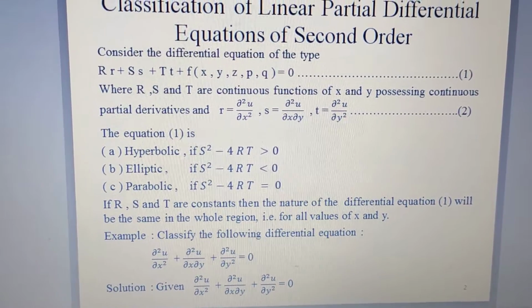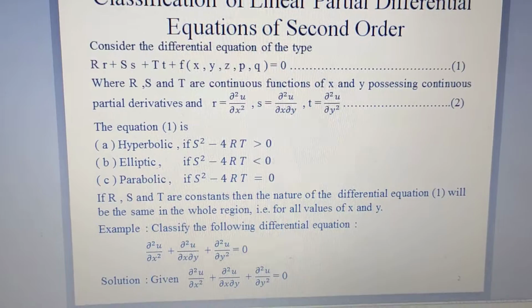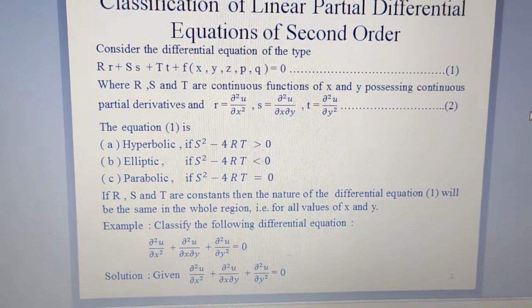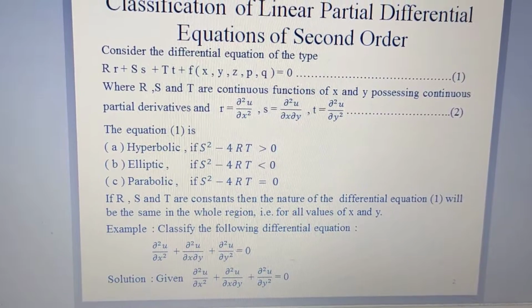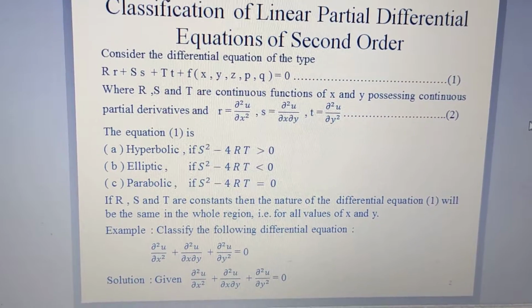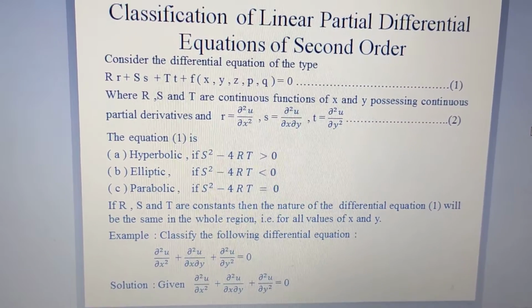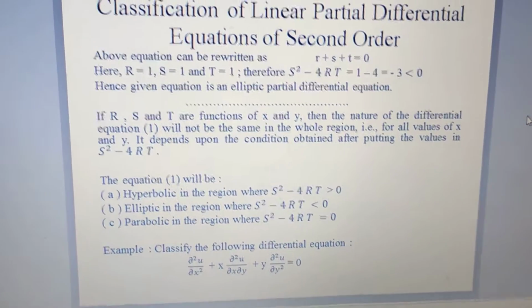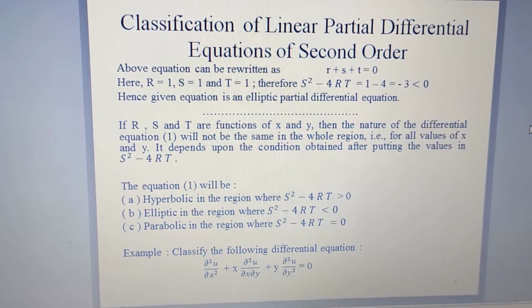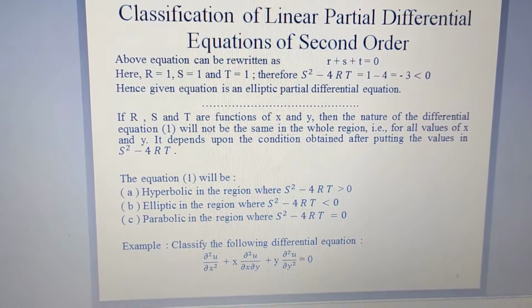Let us take an example to illustrate the procedure. Classify the following differential equation: ∂²u/∂x² + ∂²u/∂x∂y + ∂²u/∂y². It can be written, in the standard notation, as r + s + t = 0.